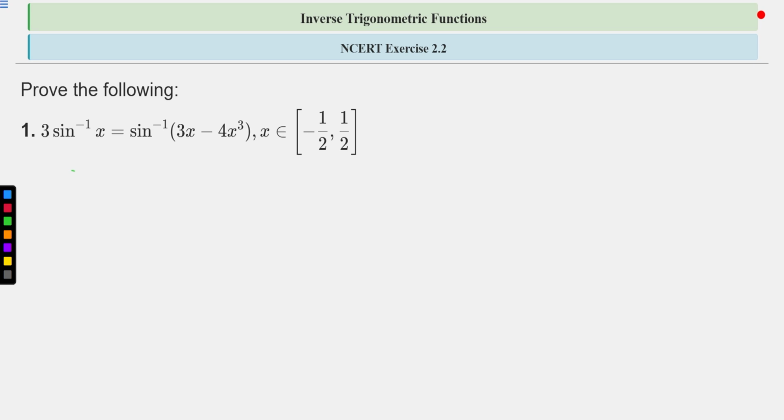Yes, like you should use the identity sine 3x, right? So you will use sine inverse x as theta, clear? And then put the value of x in the right hand side, right? After doing this and simplification, you will be able to reach the left hand side, LHS, right?